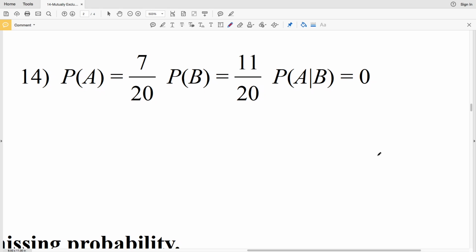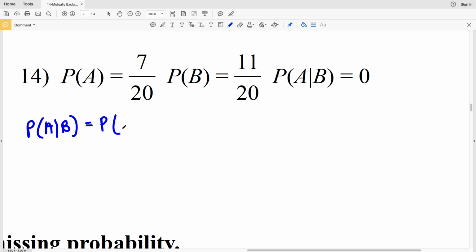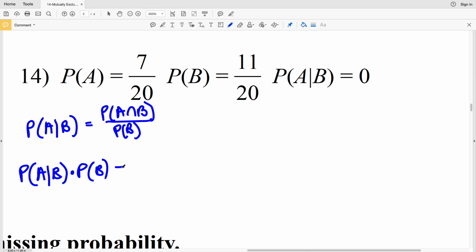In number 14, it gives us the probability of A, the probability of B, and the probability of A given B. So the probability of A given B equals the probability of A intersection B divided by the probability of B. So again, if I multiply both sides by B, I'll get that the probability of A given B times the probability of B equals the probability of A intersection B. So if these are mutually exclusive, then that intersection will be equal to 0.